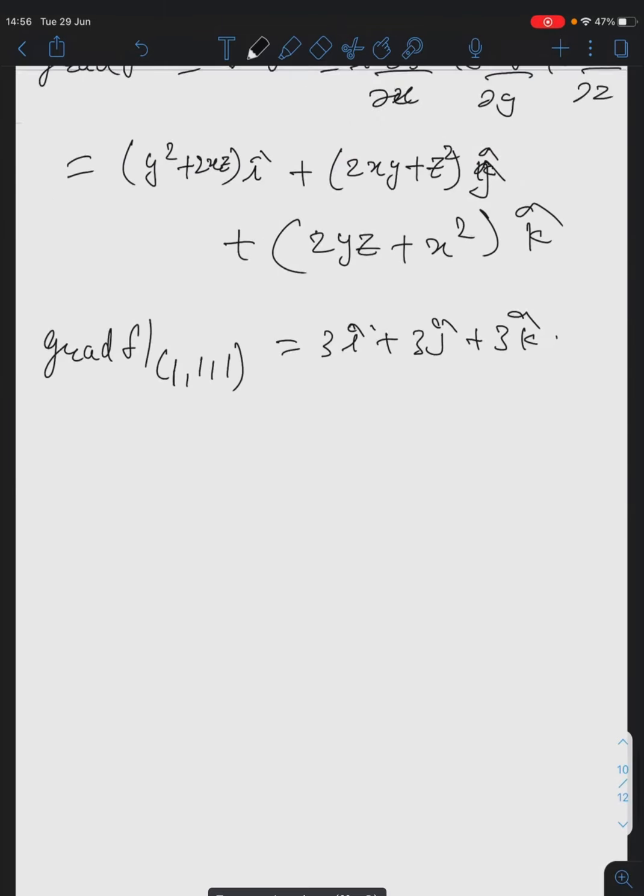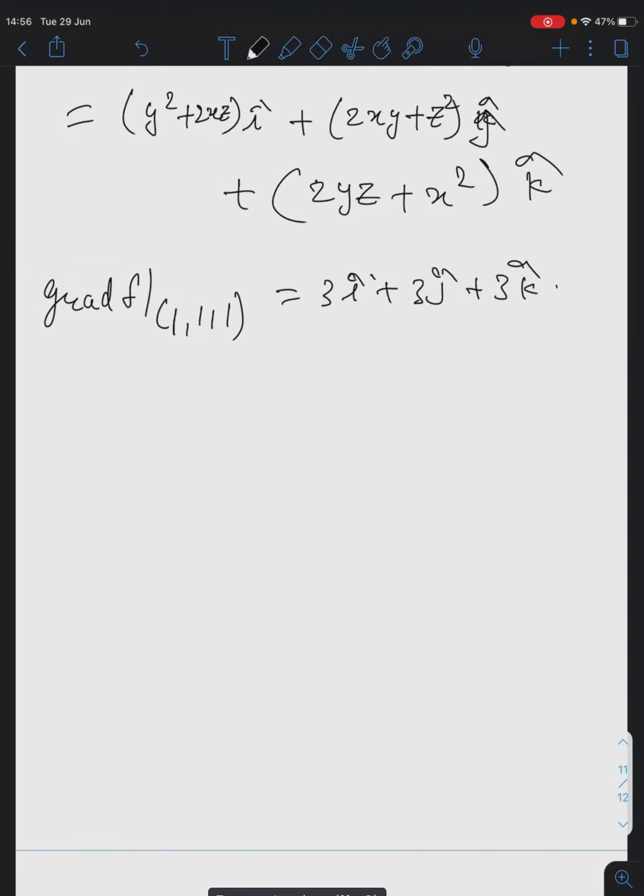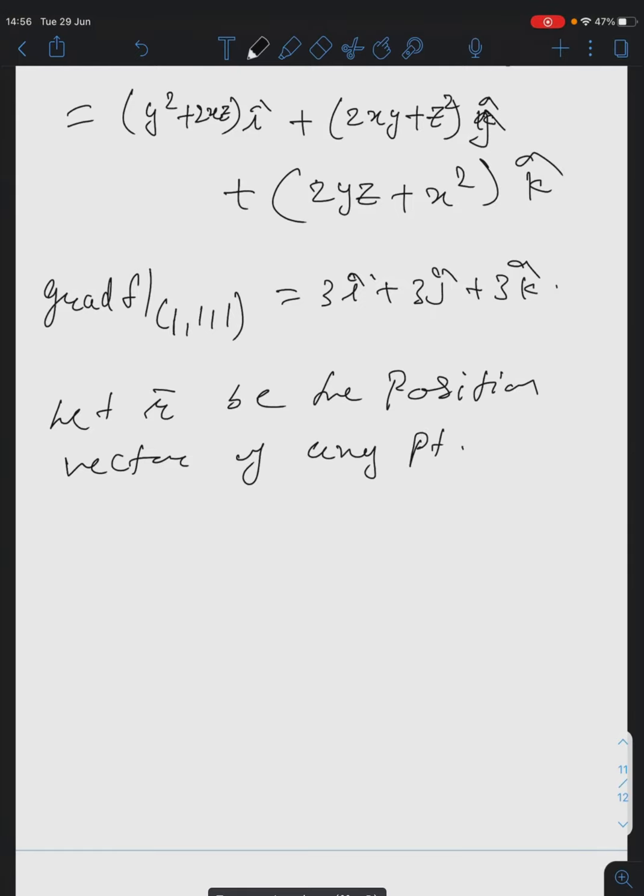Now to find the tangent to the given curve, we need a position vector of any point on the curve. So let r bar be the position vector of any point on the curve x is equal to t, y is equal to t square, z is equal to t cube.